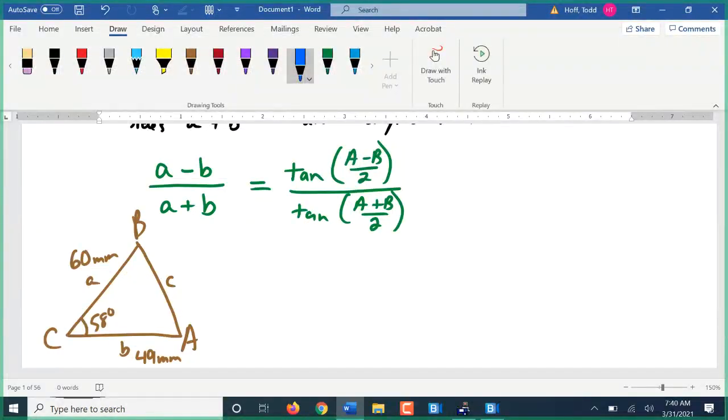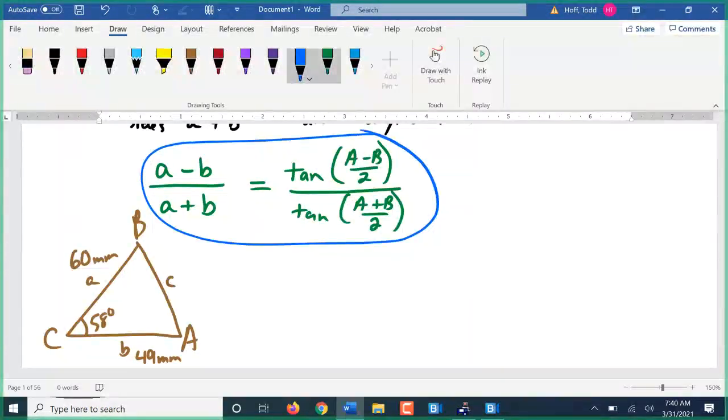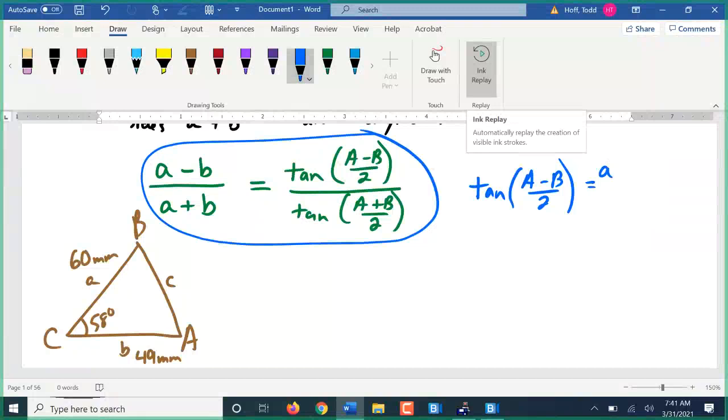You can rearrange this formula so that it looks like this. I keep the tangent of (a minus b) over 2, and we're going to multiply by the tangent of (a plus b) over 2.